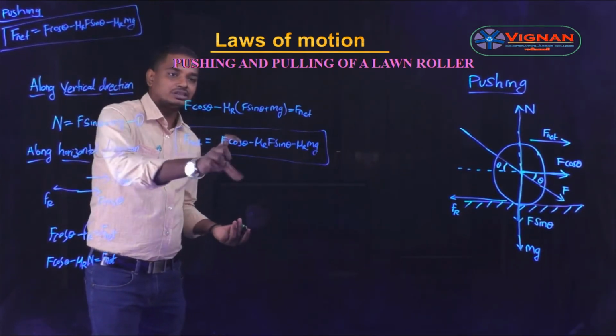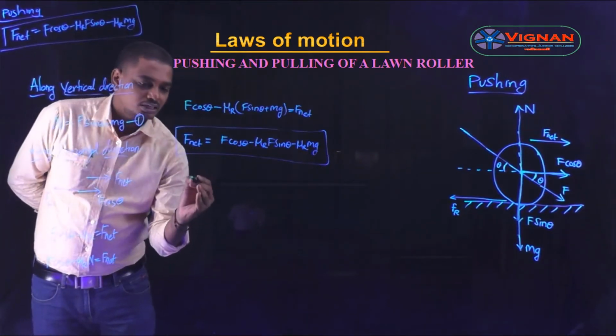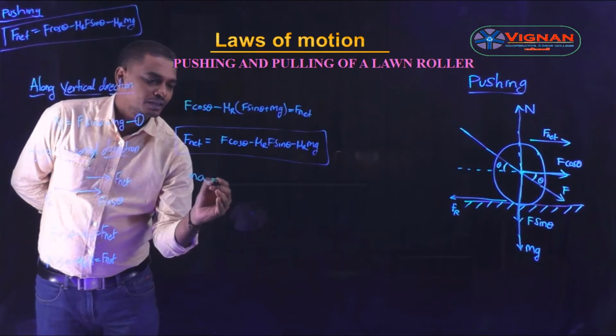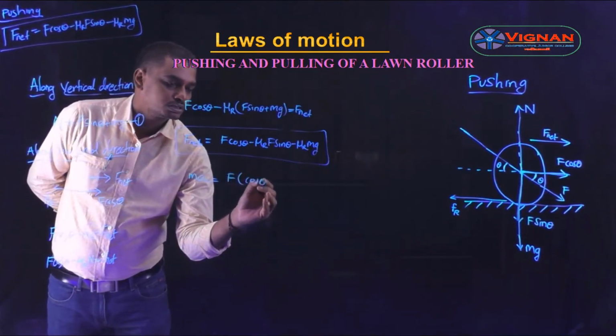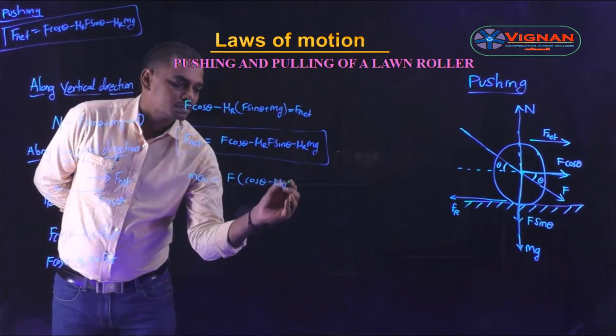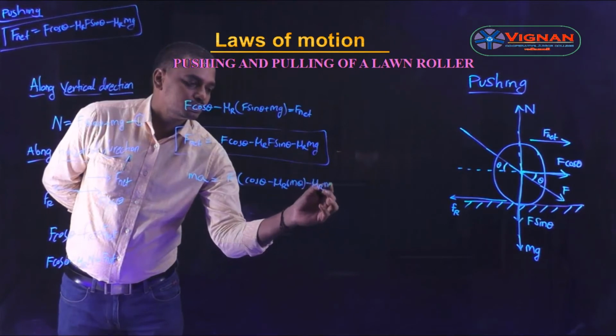So from this equation, let us calculate what the acceleration is also. So we know that the net resultant force is nothing but ma, which is equal to, from here F can be taken common, F cos theta minus mu r sin theta minus mu r mg.